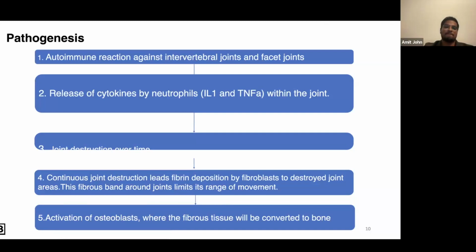The nucleus pulposus is this jelly-like substance, which is what bulges out whenever there is disc prolapse. What's surrounding it is the annulus fibrosus, which gets deposited with the fibroblasts, which will give rise to syndesmophytes, which we'll discuss later on.